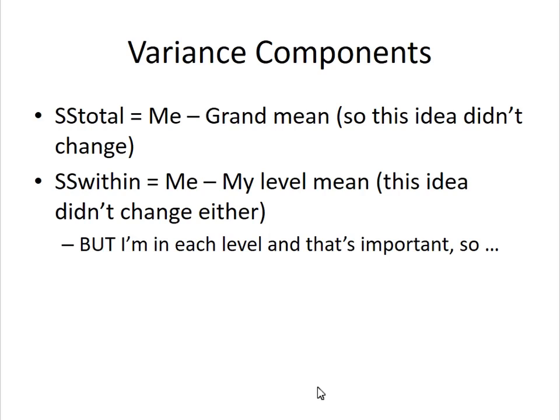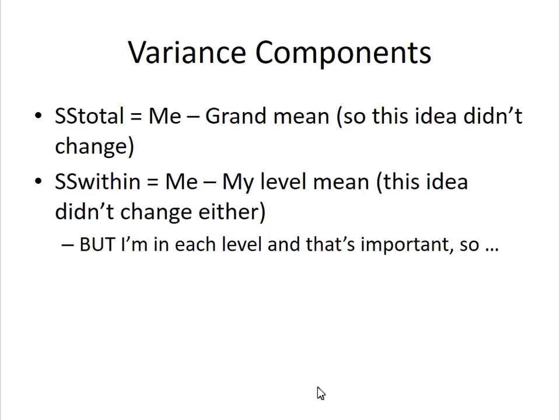We haven't talked about what happens over here yet, but we sort of said a lot of these cookies should go over here. Mean minus my level. That used to be error. If you look at all the other math formulas for ANOVA, mean minus my level is a mistake, right?